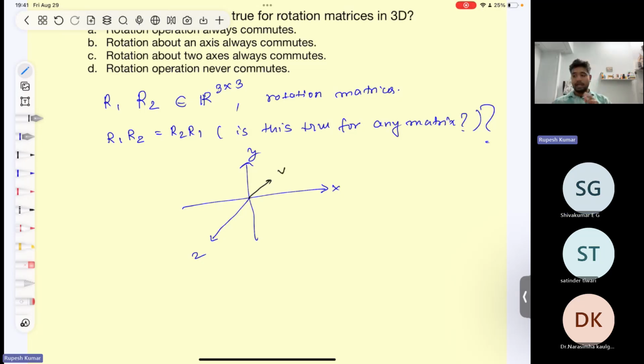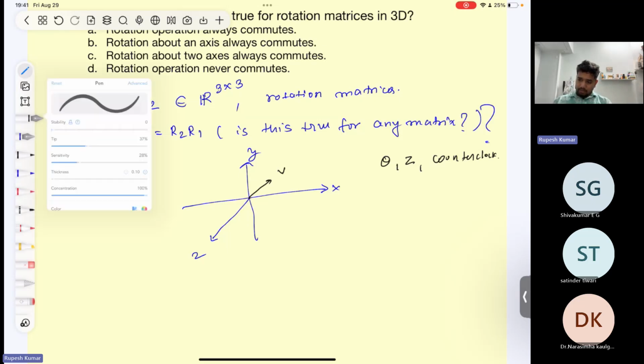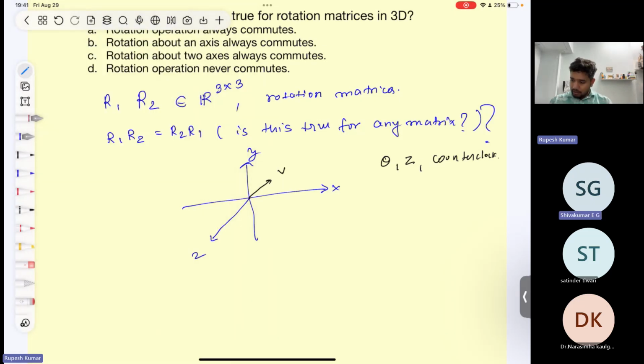You rotate it by angle theta about the z-axis, so about the z-axis in the xy plane, and always we are doing rotations counterclockwise, right? So it rotates by angle theta and it becomes this vector.